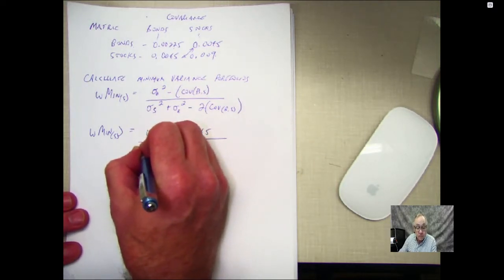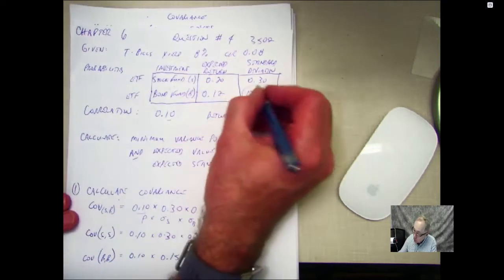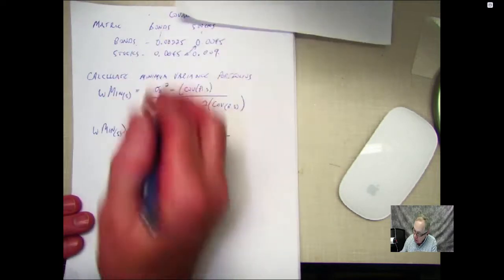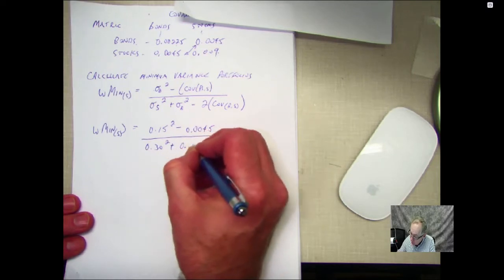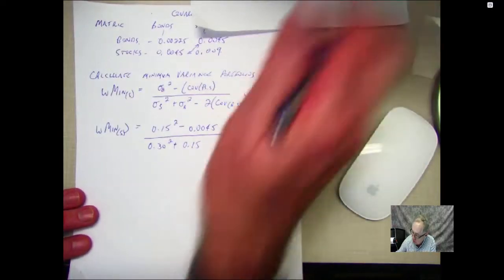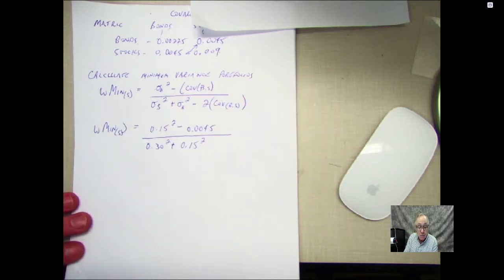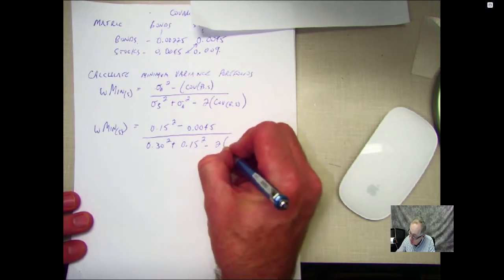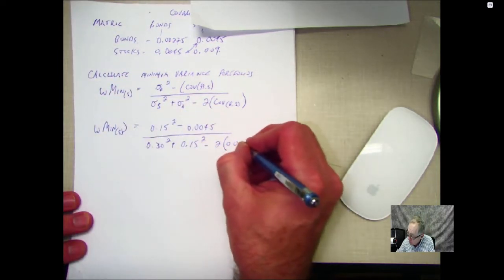The standard deviation on stocks is 0.3, so we square it, plus the variance on bonds, the standard deviation on bonds squared, and then minus 2 times the covariance between stocks and bonds, again 0.0045.